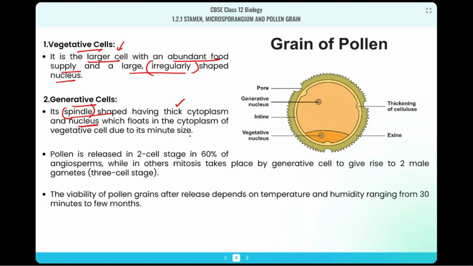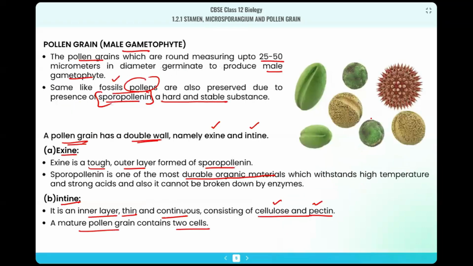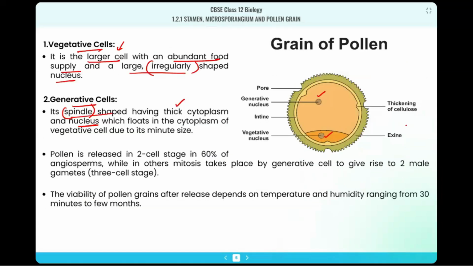So in this diagram, you can see the pollen grain with the vegetative nucleus, the generative nucleus, and the outer layer we discussed earlier, that is a double wall, exine and intine. The exine is the outer layer. The intine is the inner layer, and it is thickened because of the cellulose present in it.